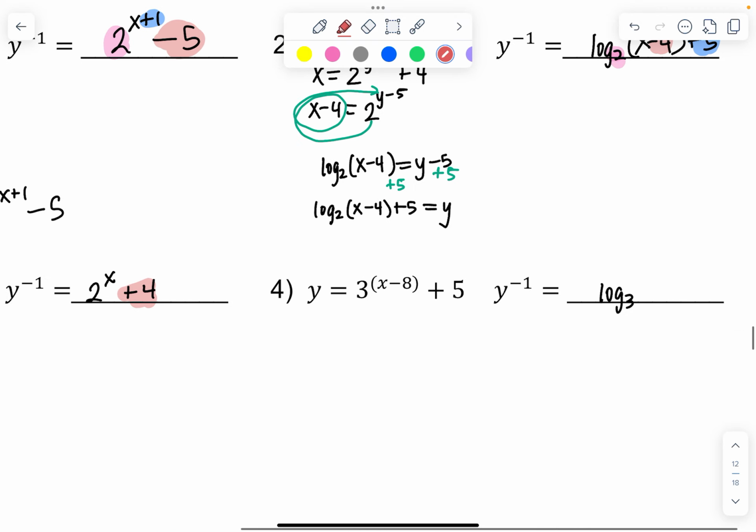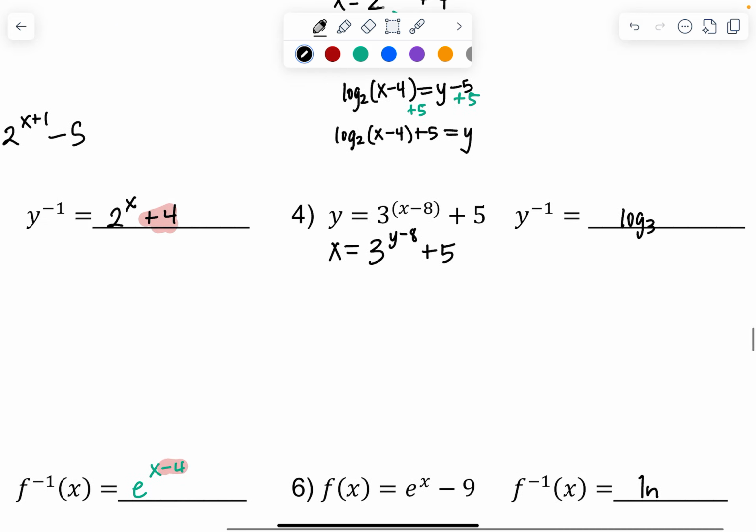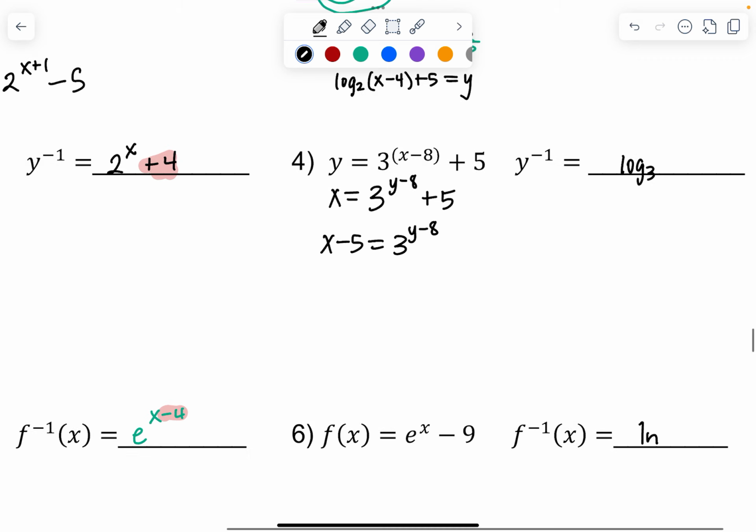All right, next up, switch your x and y. And then resolve for the y. So first step, subtract the 5 to isolate your exponential. Now we're ready to convert.